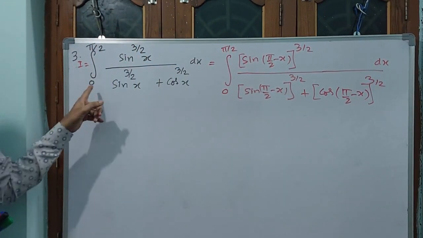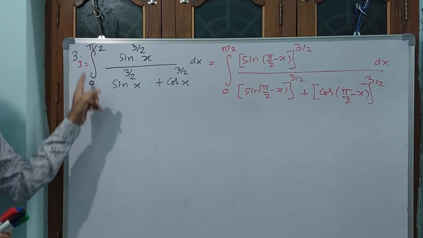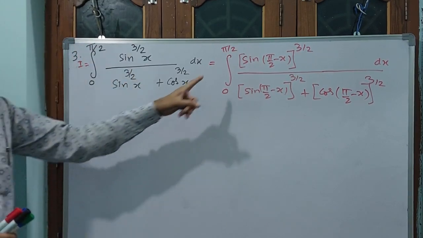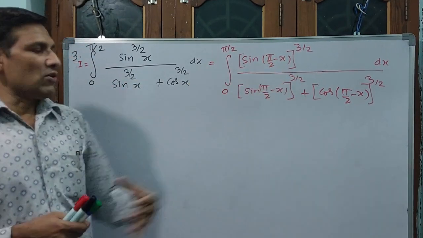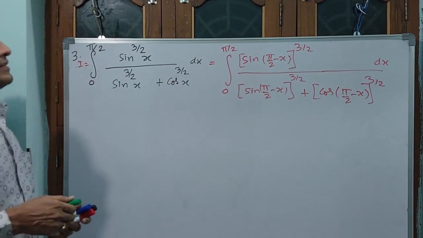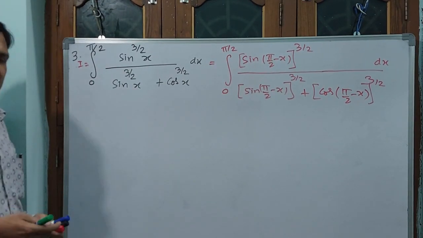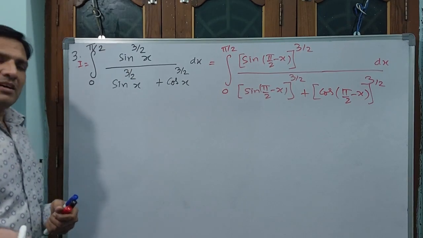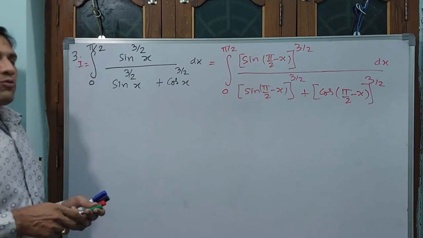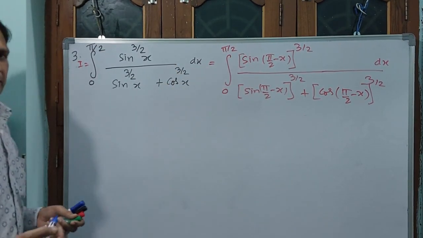Why? Because of this property: 0 plus a plus b minus x, where a plus b is pi by 2, so pi by 2 minus x, which we have been given. We know very well sin 90 minus theta is cos theta, and cos 90 minus theta is sin theta. Then we apply that formula here.